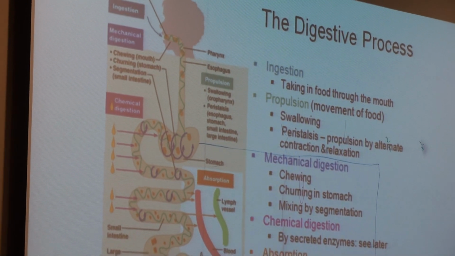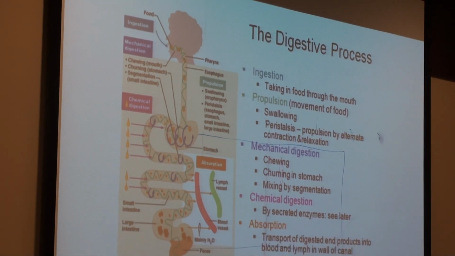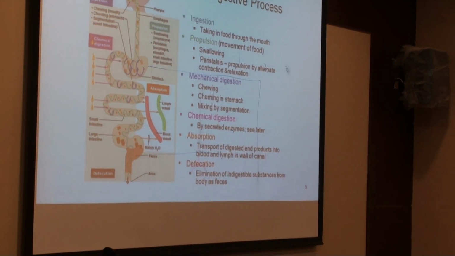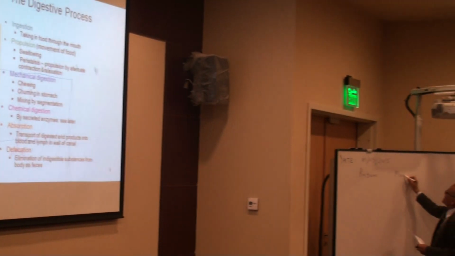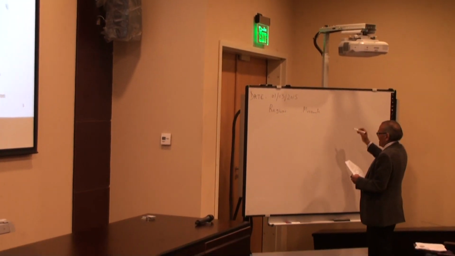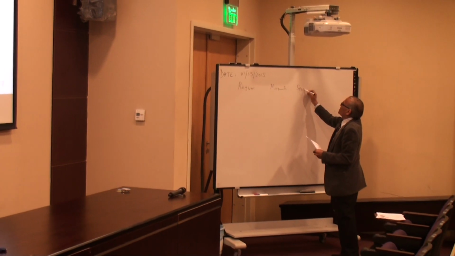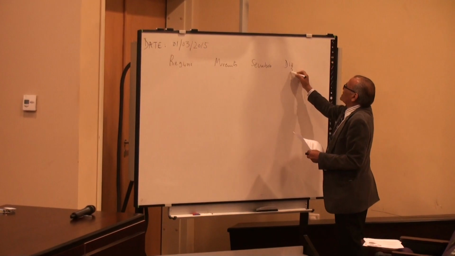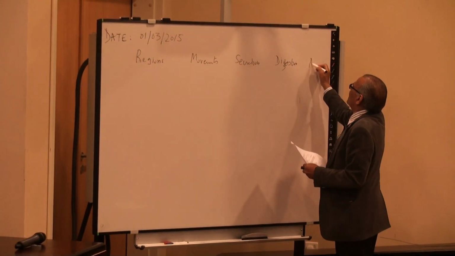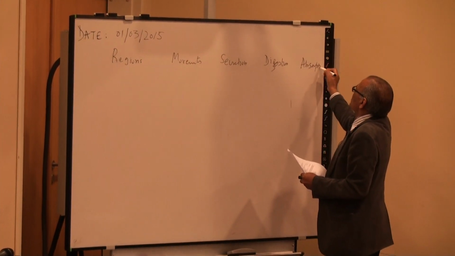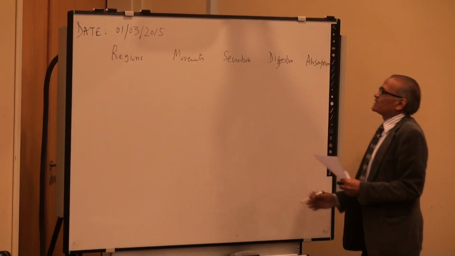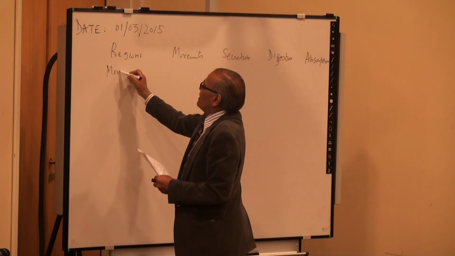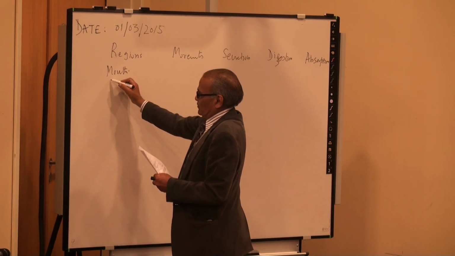So if we just brief out the different regions of our GIT system, we will see the movements of this system, and then we can see what is added to this, and whether it helps for digestion or absorption. So this summary can help us, starting from the first, the mouth, when we have taken in the food.